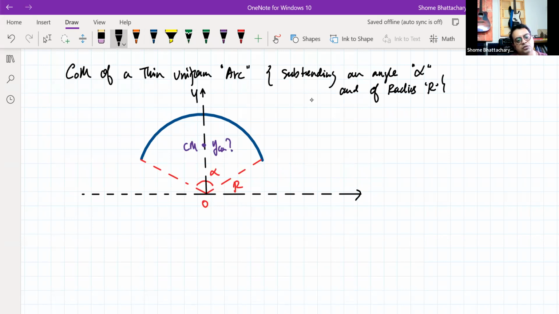The y-axis, which is the angular bisector at the center of curvature O, is the symmetry axis.